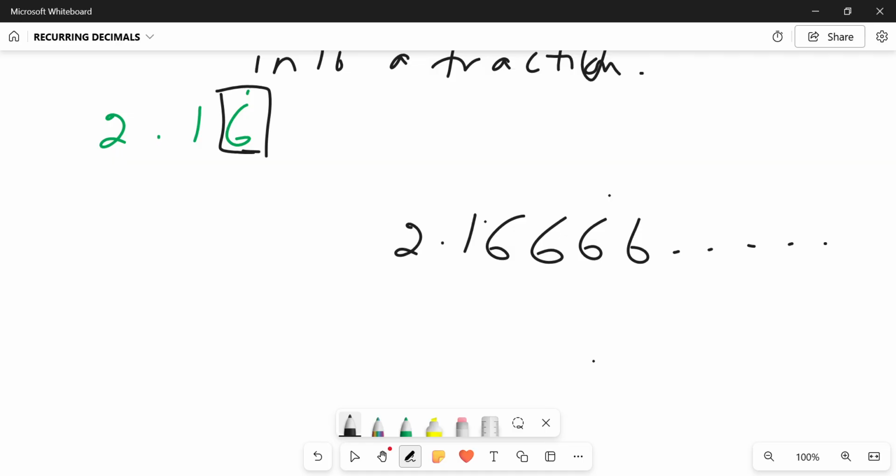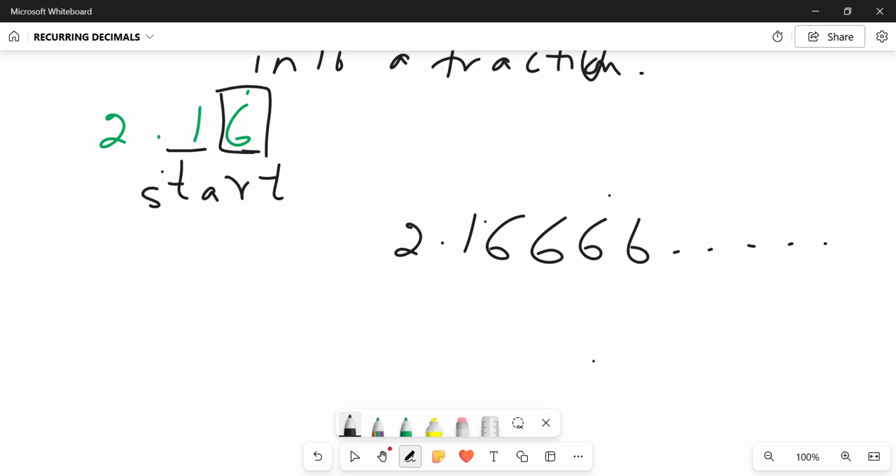Now to find the fraction form for this recurring number, you need to check when the recurring starts. First of all, you need to tell me the starting point. The starting point after the decimal is one digit, right?